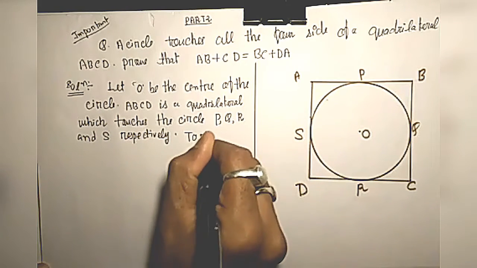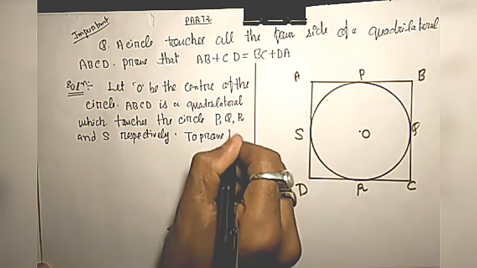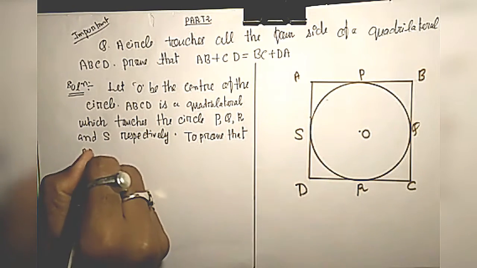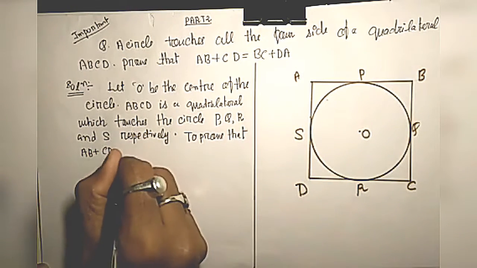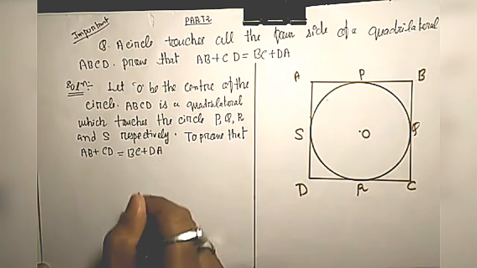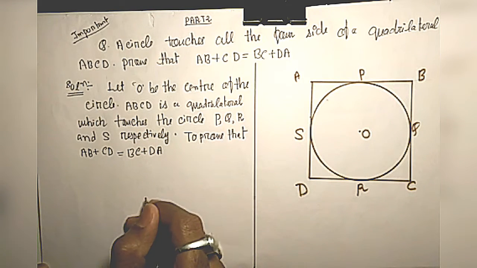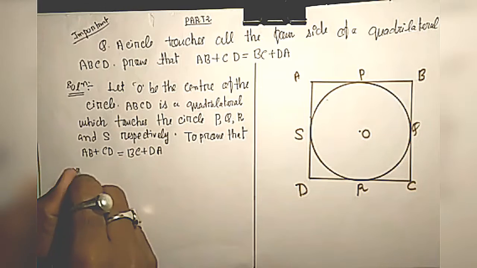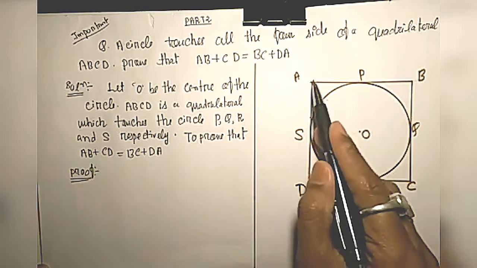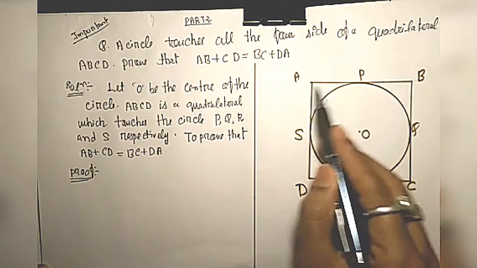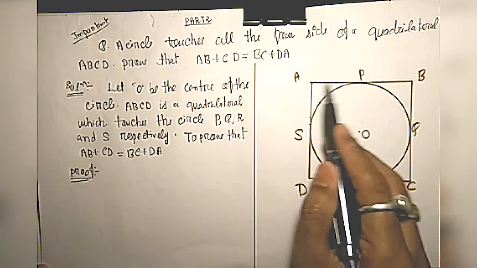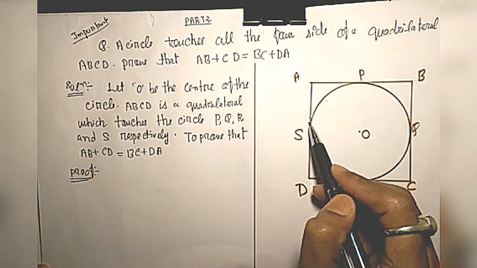So to prove that AB plus CD is equal to BC plus DA. We know that tangents drawn from an external point are equal in length. We have already discussed this in part 1.